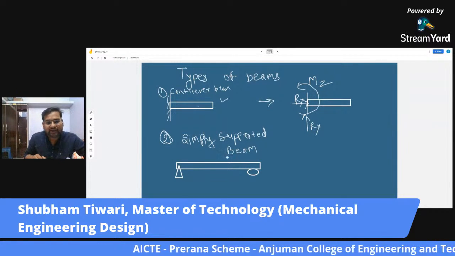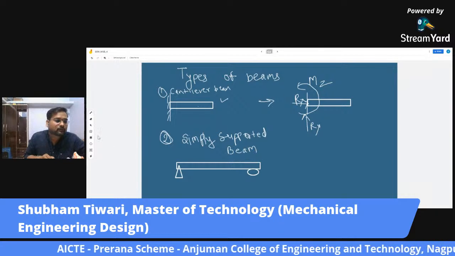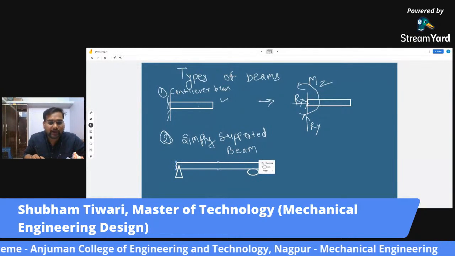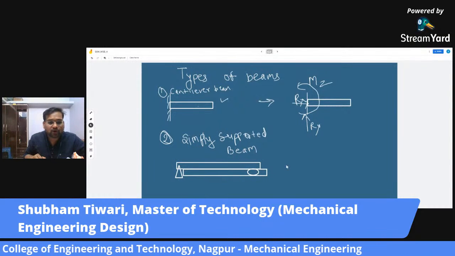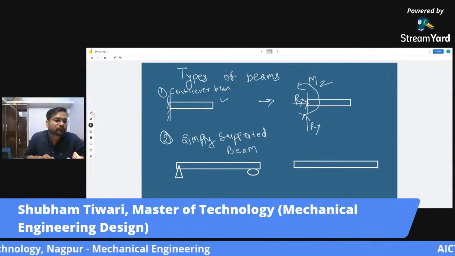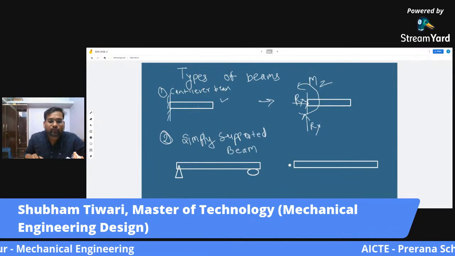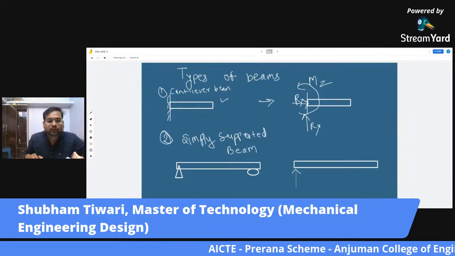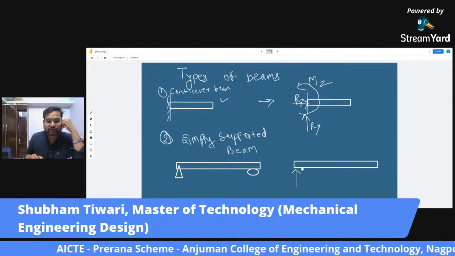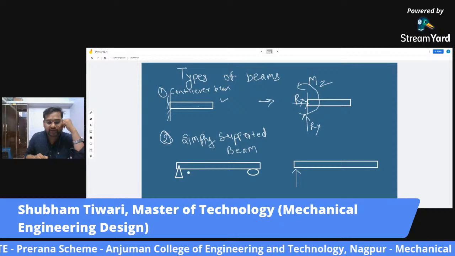Now, when you see a simply supported beam, similarly our instinct should pick up and we should be able to directly draw its FBD. Now, what is this? Along the Y direction, we have a reaction because it's a roller support.